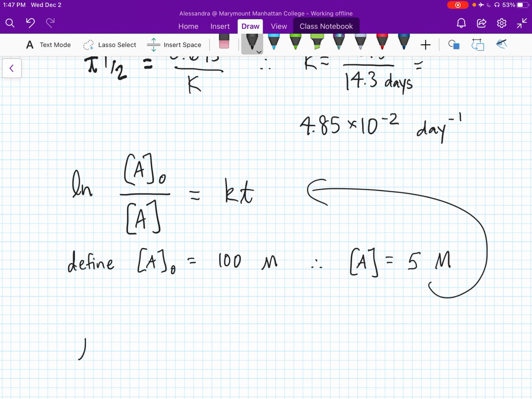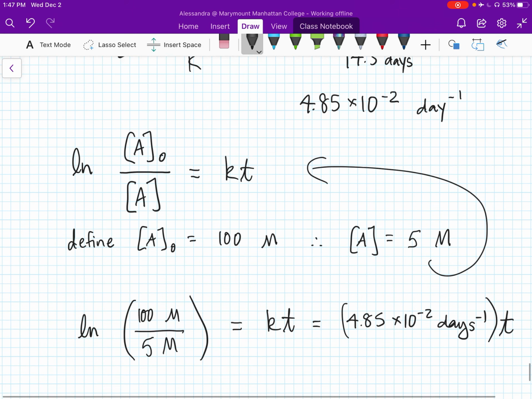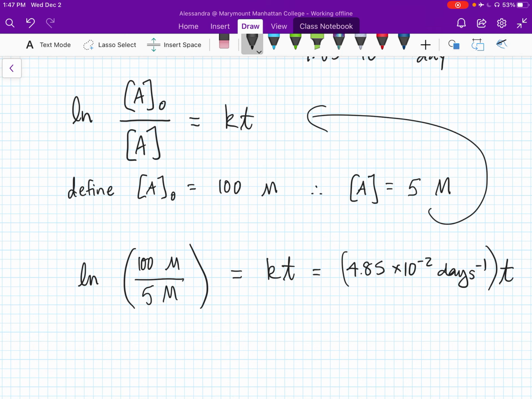So I get the natural log of 100 molar over 5 molar being equal to KT. I know my K is 4.85 times 10 to the minus 2 reciprocal days, and I'm multiplying it by T. I'm interested in solving for T here.